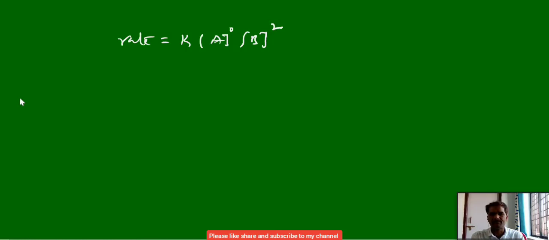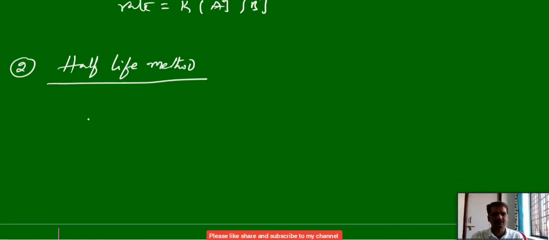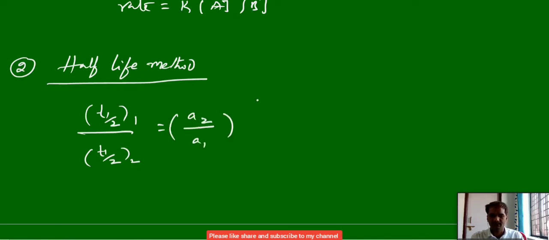Next, the second method to identify the order is the half-life method. Already in the last class we discussed that to identify the order of the reaction we use one formula for an nth order reaction: t1 by t2 is equal to (A2 by A1) whole power n minus 1.